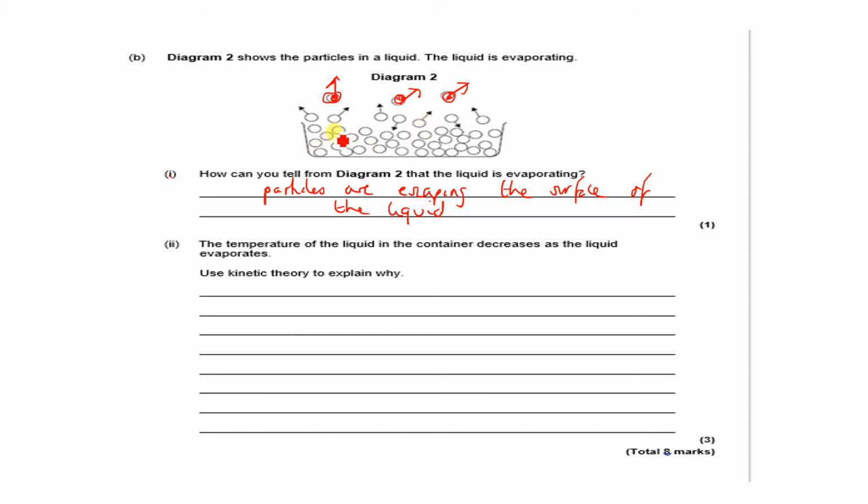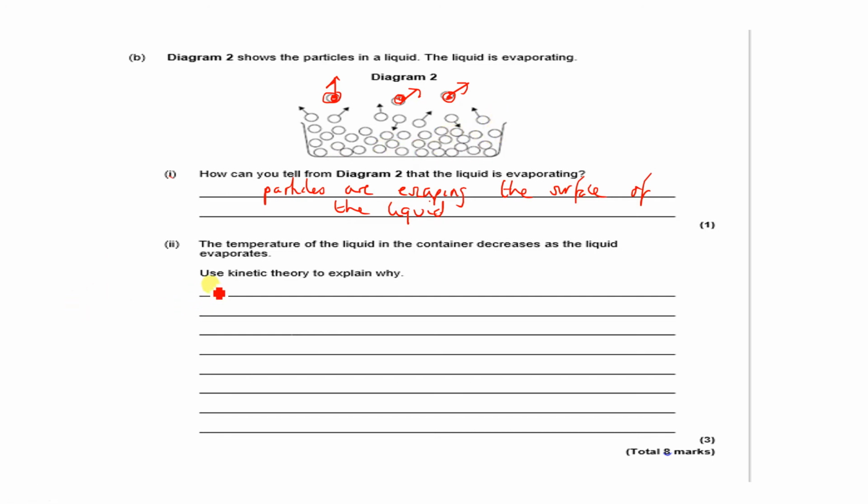And if the particles left behind have a lower average kinetic energy, that means their temperature must be lower than it was before, because temperature is a measure of the average kinetic energy of the particles in a substance. So if the kinetic energy is decreased because some of the particles have escaped, then the average kinetic energy must decrease for the liquid.